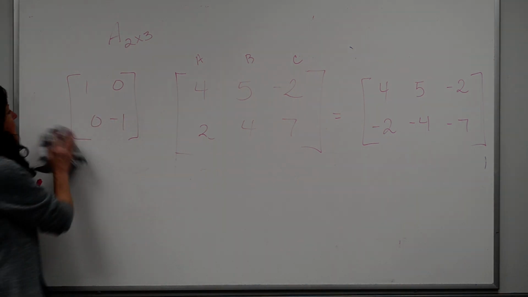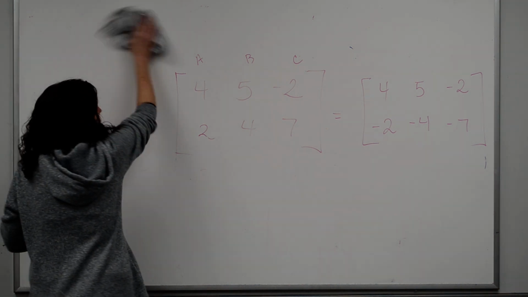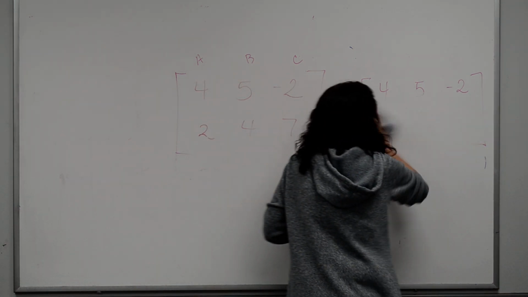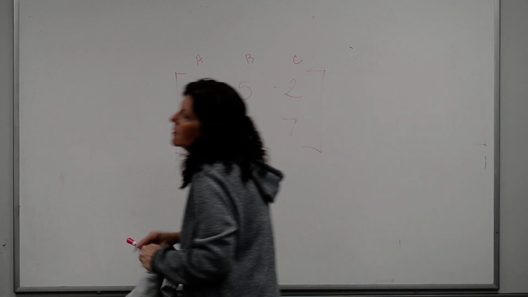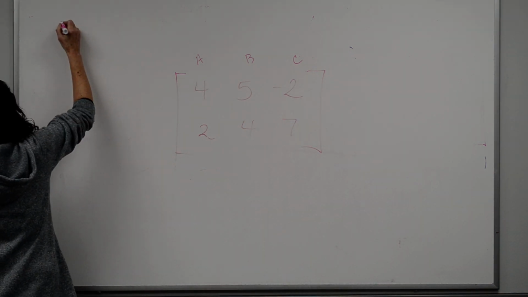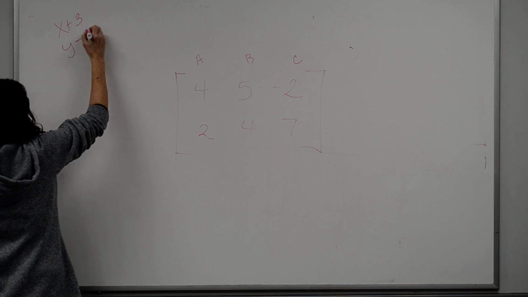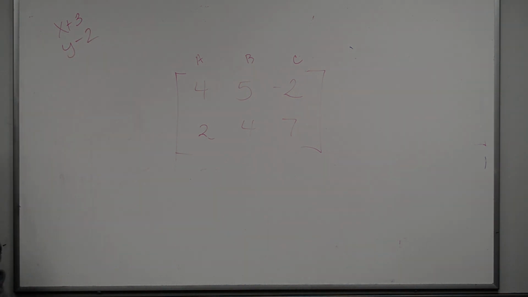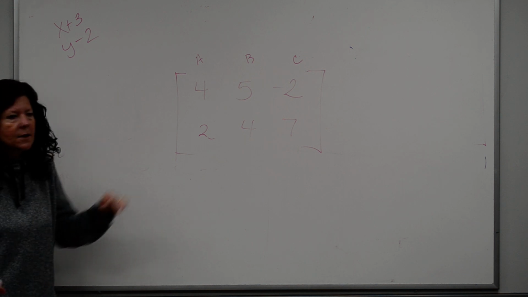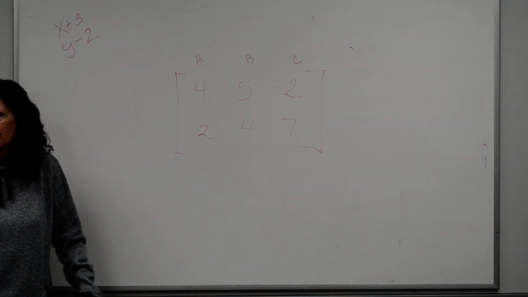What about translation? Let's say we have this matrix and we want to move it 3 to the right and 2 down. Okay? Now, what are my x values on these? Is it the top or the bottom? The top.